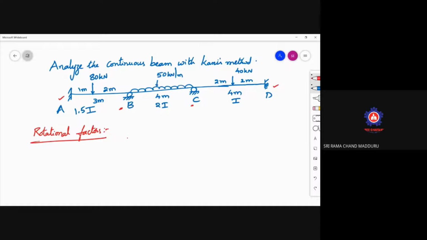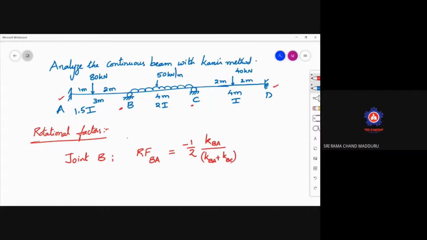So rotational factors at joint B I am calculating. At joint B, the rotational factor for BA is equal to minus half of KBA by KBA plus KBC.